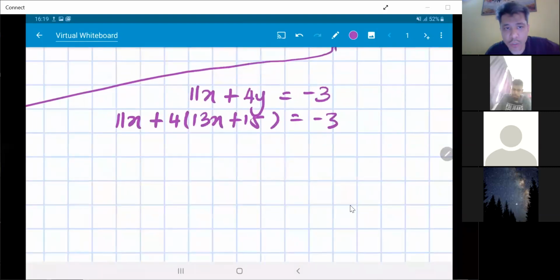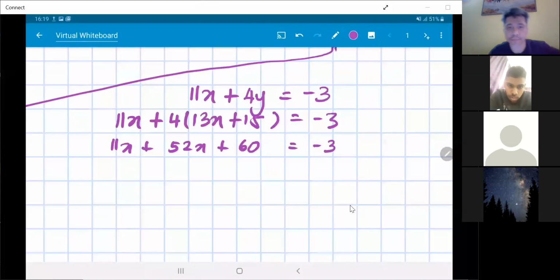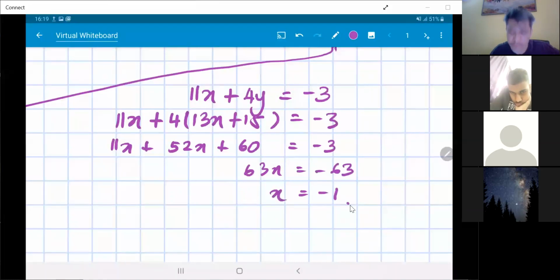We replace. Expand the bracket, buka kurungan. So now I have 11x plus 52x plus, this is 60, equal to negative 3. Okay, and then we can arrange. So from here, I have 11 plus 52, so 63x equal to negative 63. That means x equal to -1.